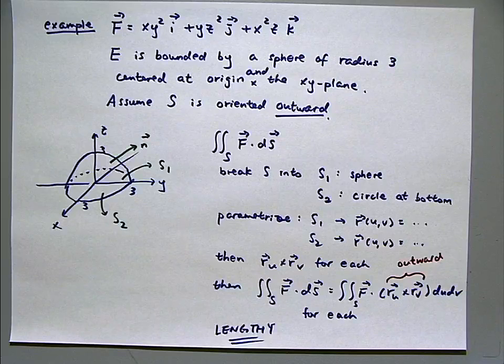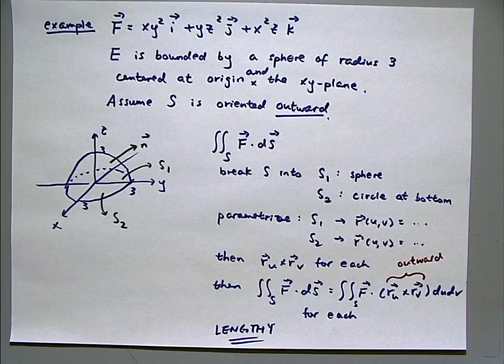Rho to the fourth becomes rho to the fifth over 5, from 0 to 3, sine phi d theta. And 3 to the power of 5 is 243. 243 over 5 is a constant. Let's move it out.